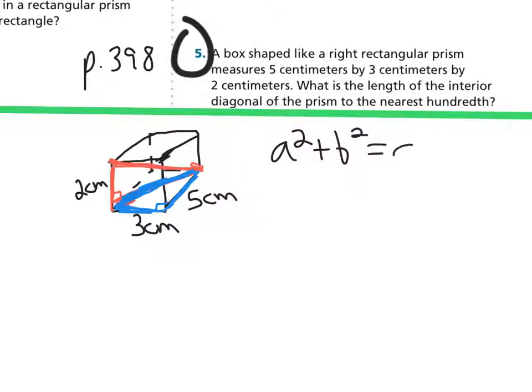So we start with our Pythagorean theorem formula, a squared plus b squared equals c squared. On the blue triangle, we do not know what the hypotenuse is, so that's what we're trying to find. The 3 and the 5, or the 5 and the 3, are the a and the b.